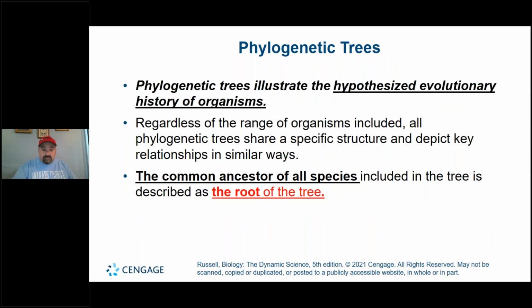Okay? Now, it illustrates the hypothesized evolutionary history of organisms. And that's what we said before. And I showed you in the tree example where the origin would be, the protists.